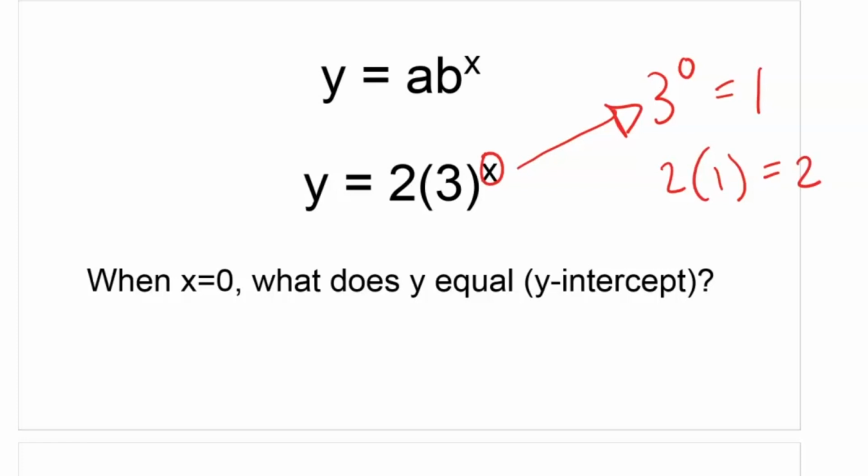So that means this first number, whatever is in the a spot, that's going to be your y-intercept, because the y-intercept is when x is 0. So when x is 0, whatever's in the b spot, that will always just turn to 1. So then you'll get a times 1, which is a. So that first number will be the y-intercept.